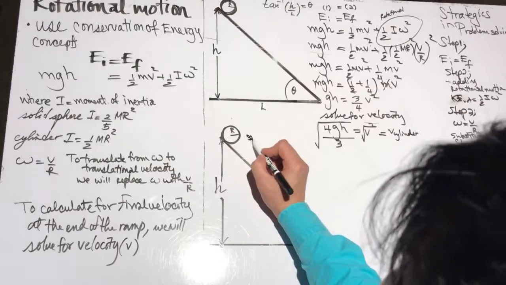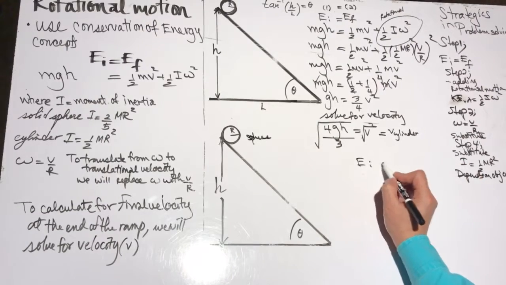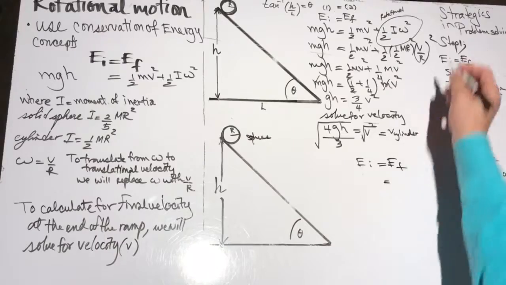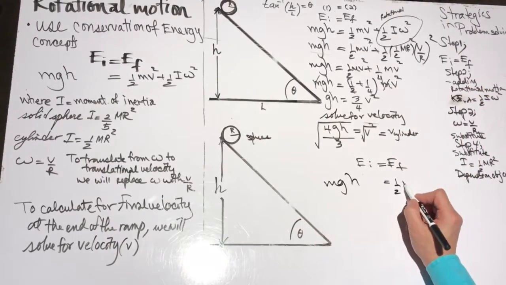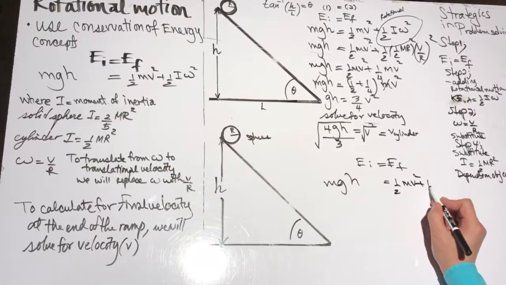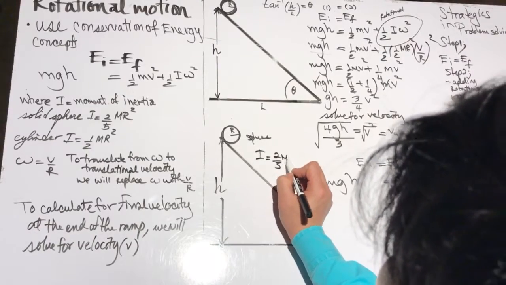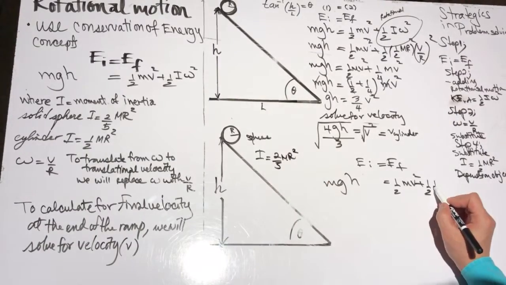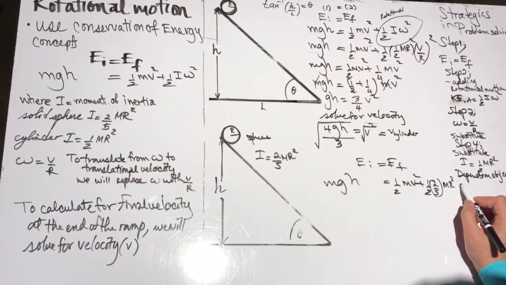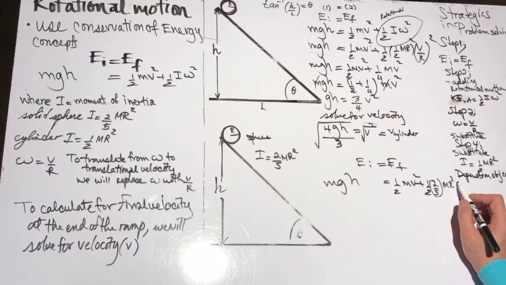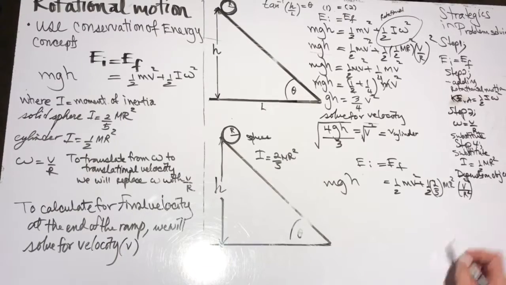So this one, I'm just going to say it is the solid sphere. You will follow the same process, so I'm just going to say E_i equal to E_f, and I'm going to skip all the way to mgh is equal to 1/2 mv squared plus 1/2 I omega squared, where I is equal to 2/5 mr squared. So it will be 2/5 mr squared. And then my angular velocity is v over radius squared.